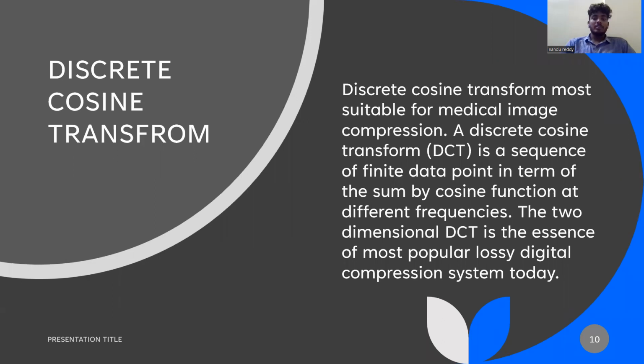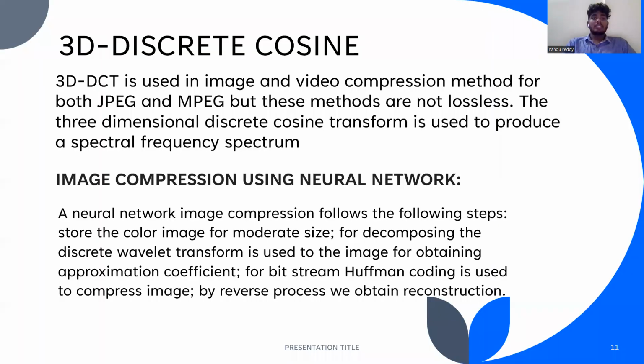The two-dimensional DCT is the essence of most popular lossy digital compression systems today. The 3D discrete cosine transform is used in image and video compression methods for both JPEG and MPEG, but these methods are not lossless. The three-dimensional discrete cosine transformation is used to produce a spectral frequency spectrum.